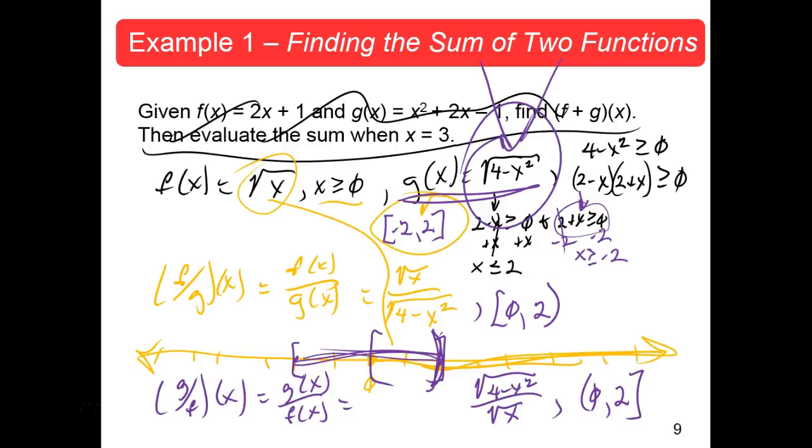The domain is limited by whatever limits of those are. It has to be things in common. But you have one additional limitation. Your denominators cannot be 0. In this case, it eliminated the 2 up here and the 0 down here. The 2 came back into play. Does that make sense? Okay.